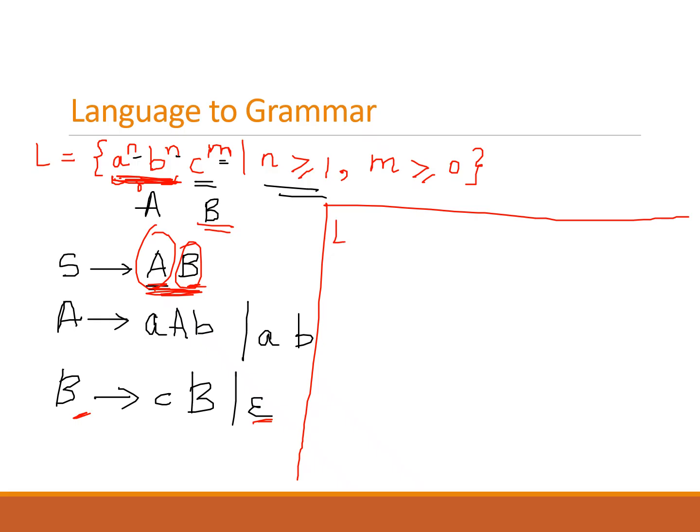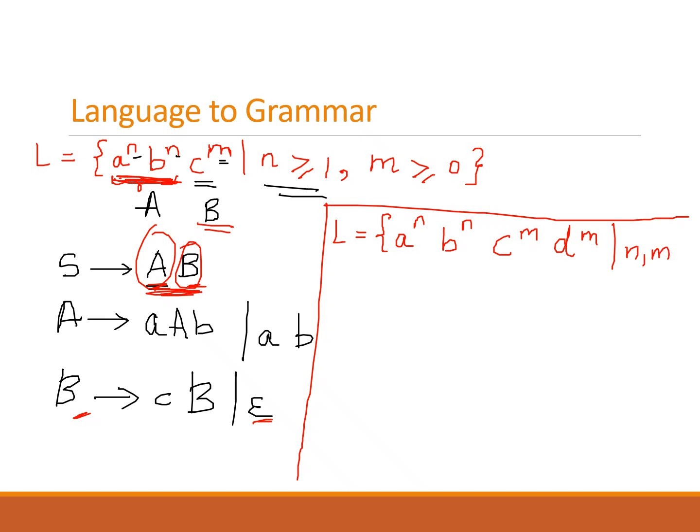Okay, so let us take a similar example. Now let us have another terminal added. So again, let this be a^n b^n c^m, and another variable d^m.